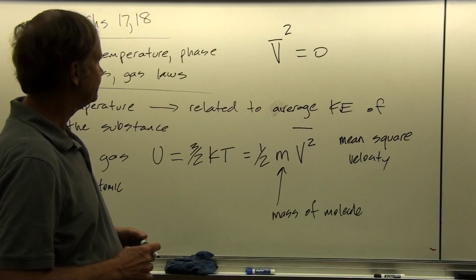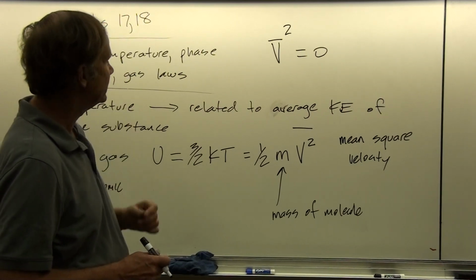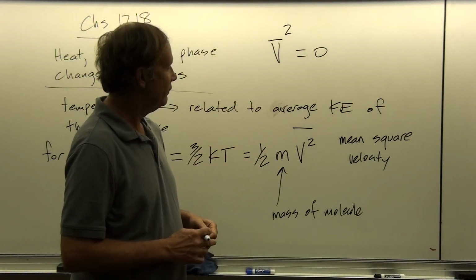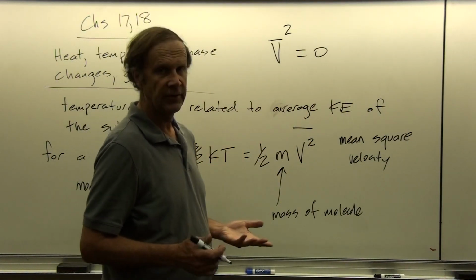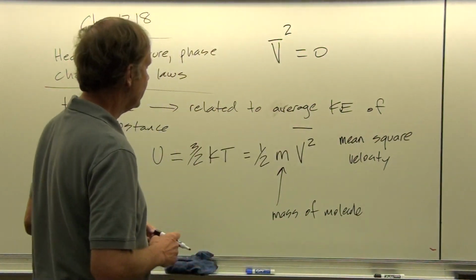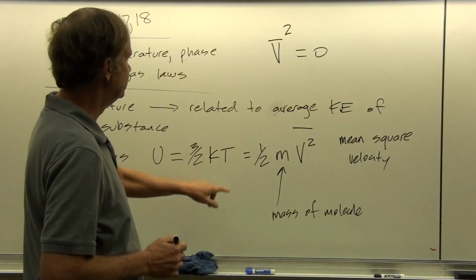Okay, and so that being the case, we could figure out what the average velocity is for a molecule of air, let's say moving in this room right now, in terms of its temperature.